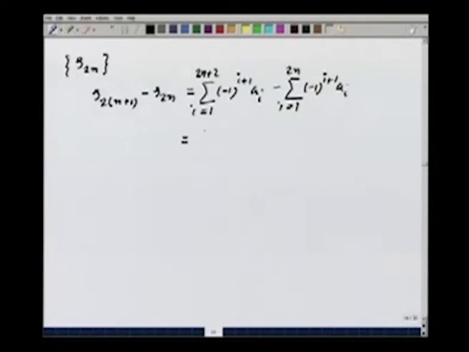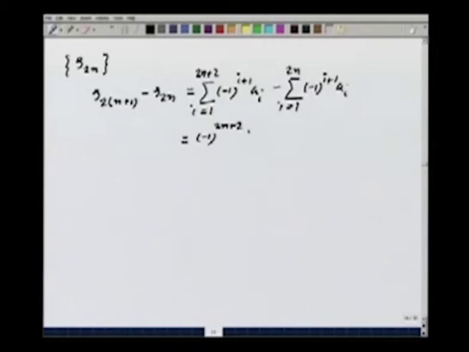That means what remains is minus 1 to the power 2n plus 2 a 2n plus 1, plus minus 1 to the power 2n plus 3 a 2n plus 2. Okay, these are the terms which remain. That means what I get is a 2n plus 1 minus a 2n plus 2.